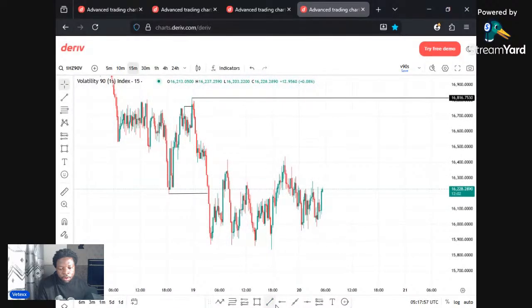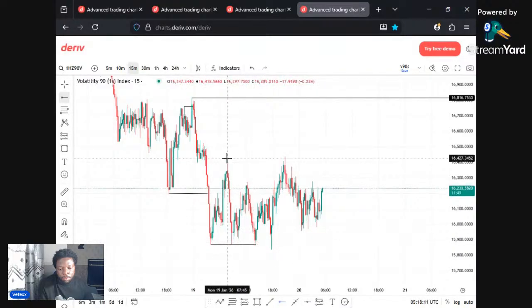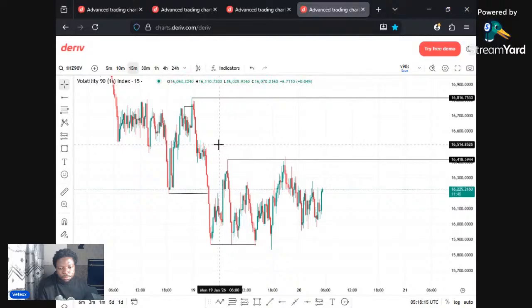And then we have our second break of structure, which is this. We have our structural liquidity that retraced 50% to give us the continuation. Okay.